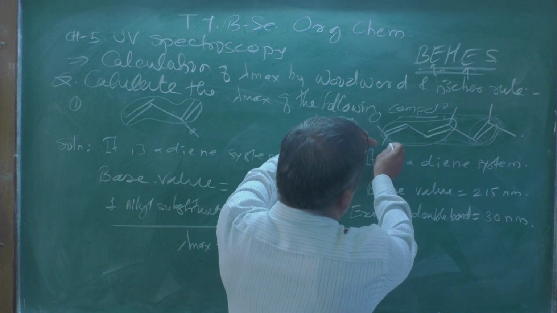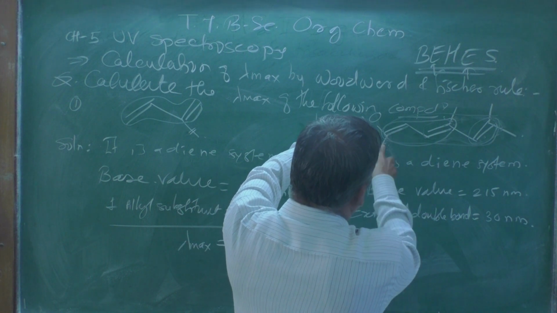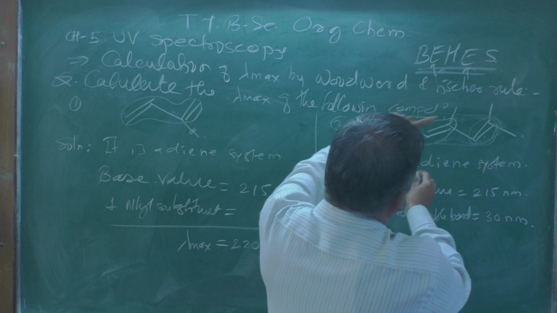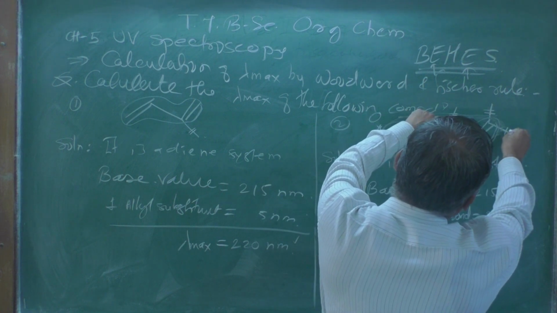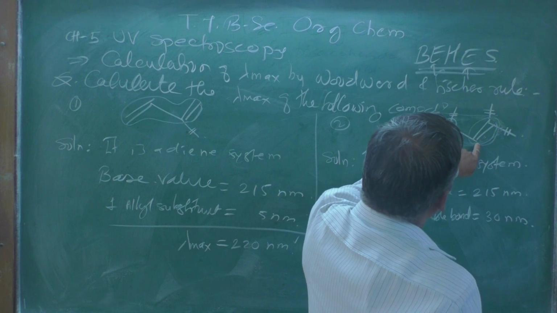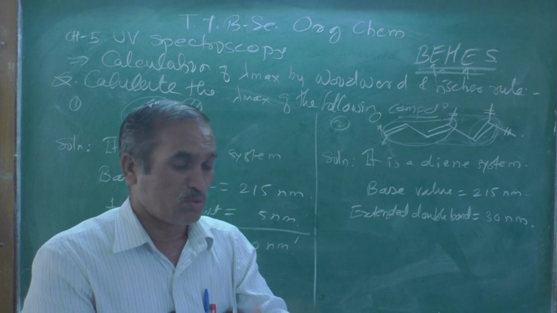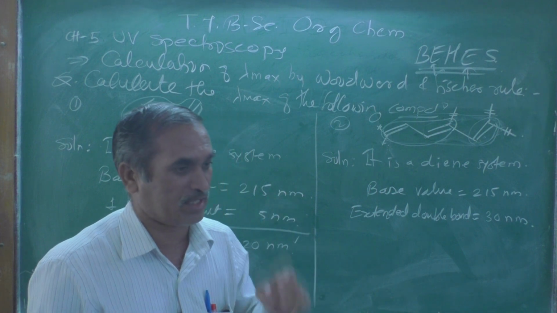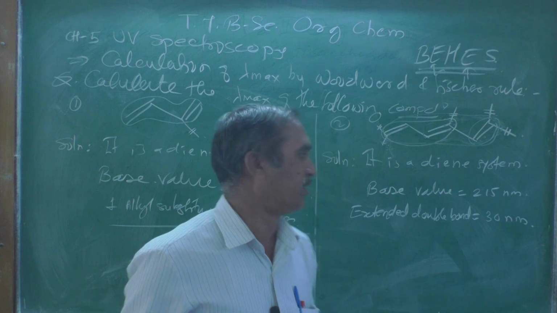If you start from this side, there is one substituent, you can mark it like this, second substituent, third substituent, fourth one, and this will be the fifth one. Here is a hydrogen, here also a hydrogen, here also a hydrogen. Whatever alkyl groups are there are considered substituents.